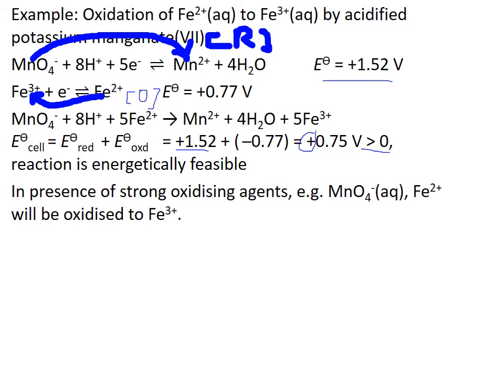So do not just give E0 cell is equal to 0.75 volts, you will be penalized. And because E0 cell is positive, the reaction is energetically feasible and a redox reaction can take place successfully. So you know that in the presence of a strong oxidizing agent like manganate, Fe2+ is oxidized to Fe3+. Let's watch the next video that illustrates this.